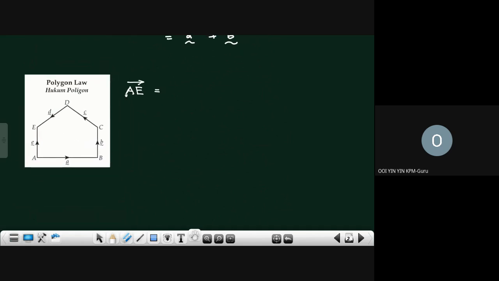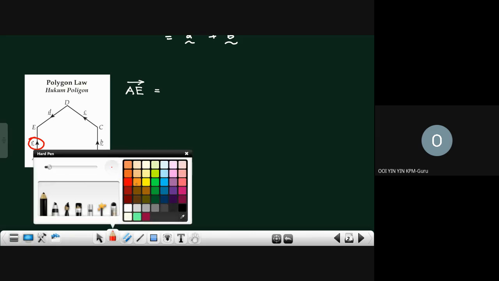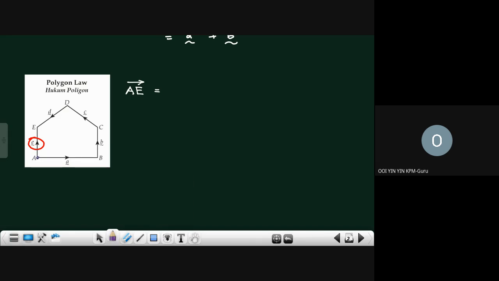Yeah, as you can see, we want the resultant vector AE. AE, that means we want this part. So how can we get AE? Okay, then as I told you before, now we can go this way, starting with your A, your initial point, and then we go to B, then from B to C, C to D, D lastly to E. So we get the resultant vector AE.